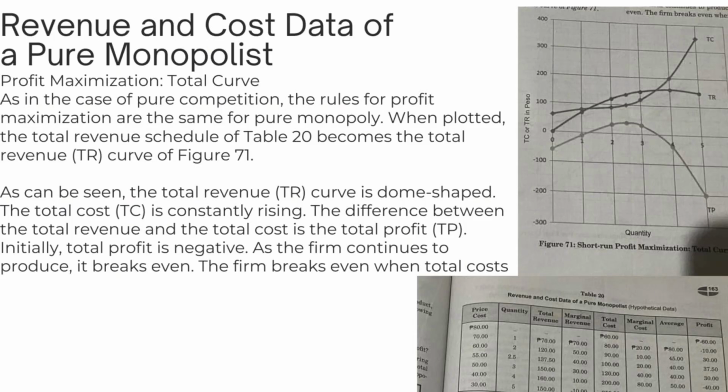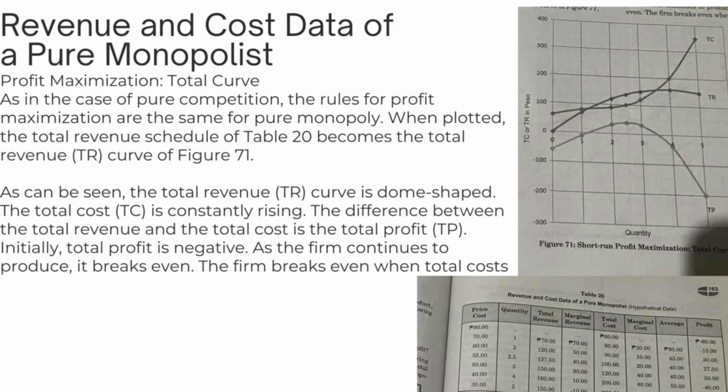First is to determine the profit maximizing quantity, which is the quantity where marginal revenue, or MR, equals marginal cost, or MC. The second is to determine the price. The monopolist will charge what the market is willing to pay.